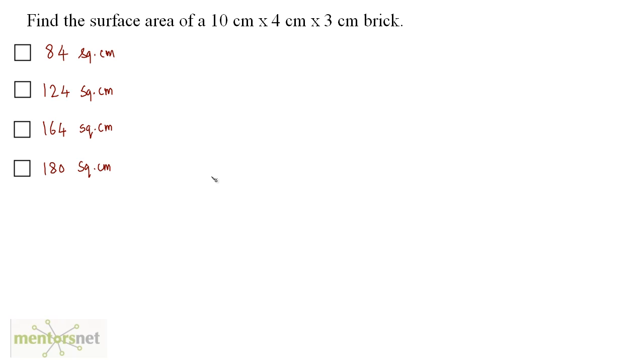Find the surface area of a 10 centimeter by 4 centimeter by 3 centimeter brick. Well, a brick is basically a cuboid, and you have been given the length, breadth and height. And what is the surface area of a cuboid? Well, it is equal to 2 times (LB plus BH plus HL), right?